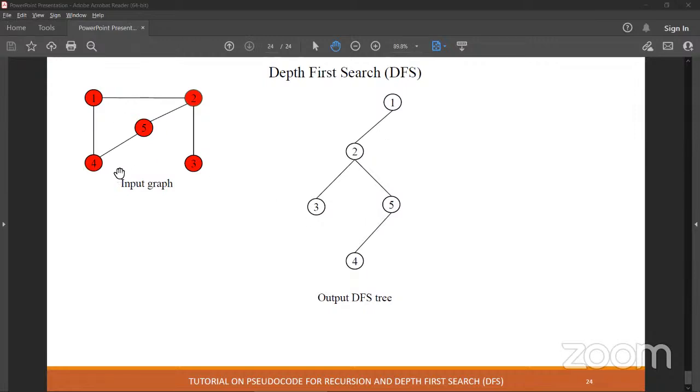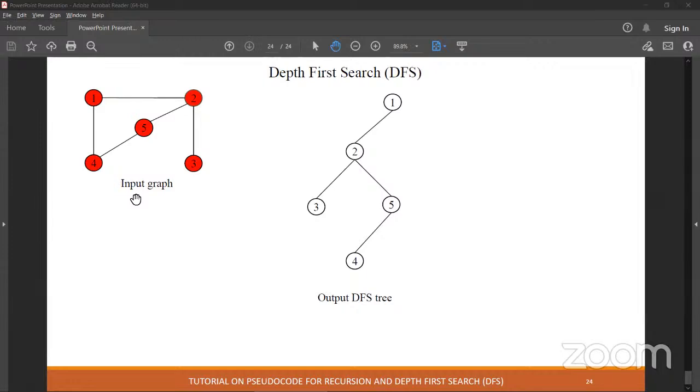For example, consider this: my starting node is 5. Then every number which is smaller will come below 5? That kind of thing doesn't exist in DFS.